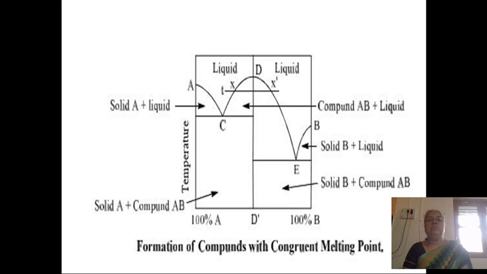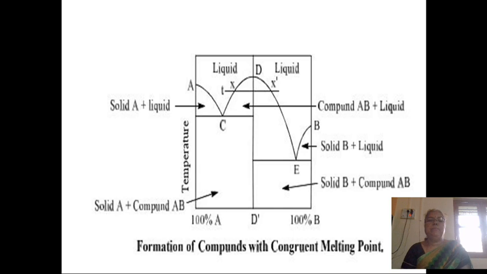And this solid AB, when it gets melted at its melting point, the new solid AB formed has the same composition, that means the solid form and its liquid form, these two compositions are the same. And remember, in case of such systems, there may be formation of one compound, two compounds, three compounds or four compounds with congruent melting points.